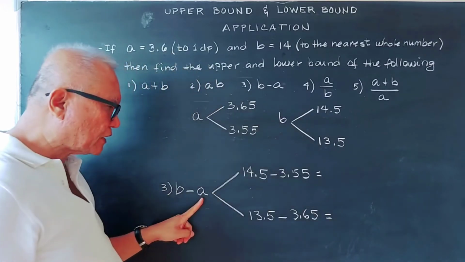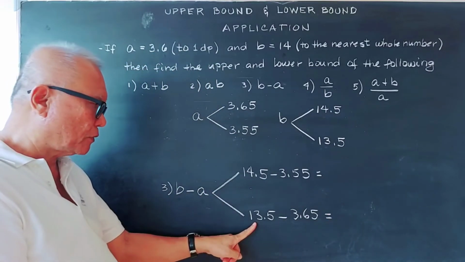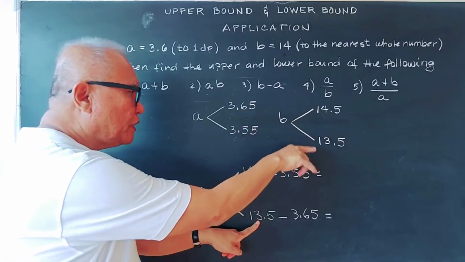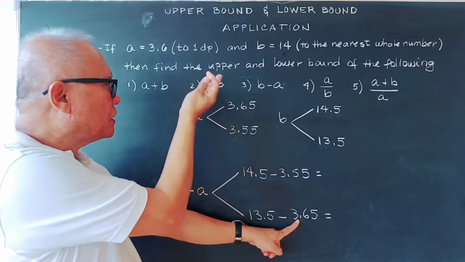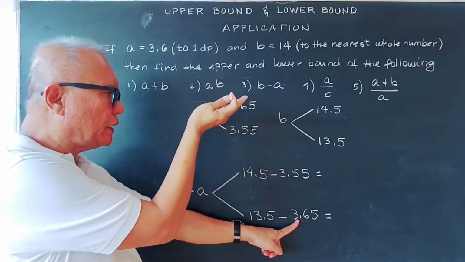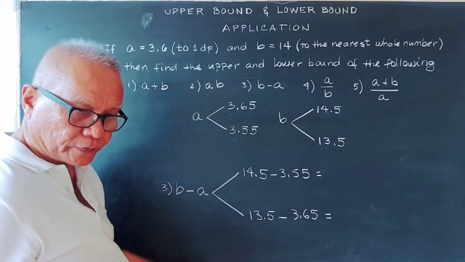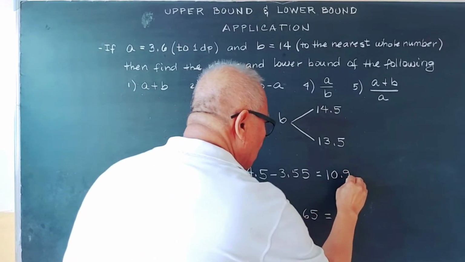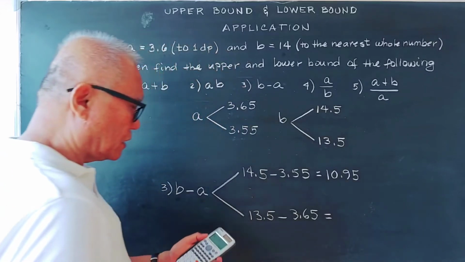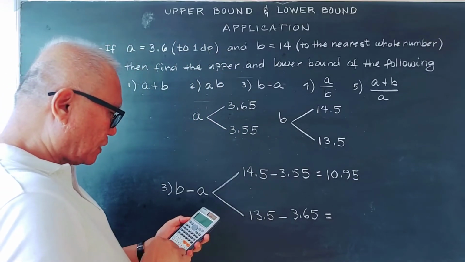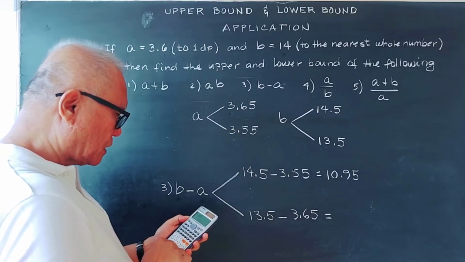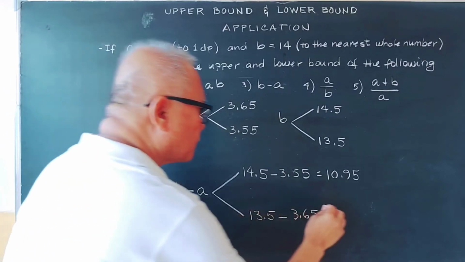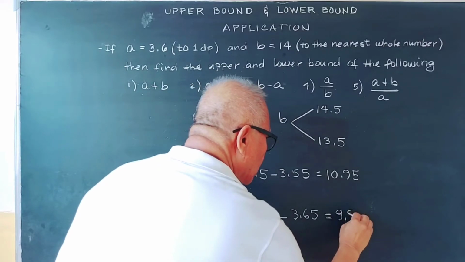So that our answer here will be the smallest, because this one is the minimum B, and then we subtract the maximum A, so we get the smallest here. 10.95 is the upper bound of A minus B. And then 13.5 minus 3.65 is 9.85, the lower bound.